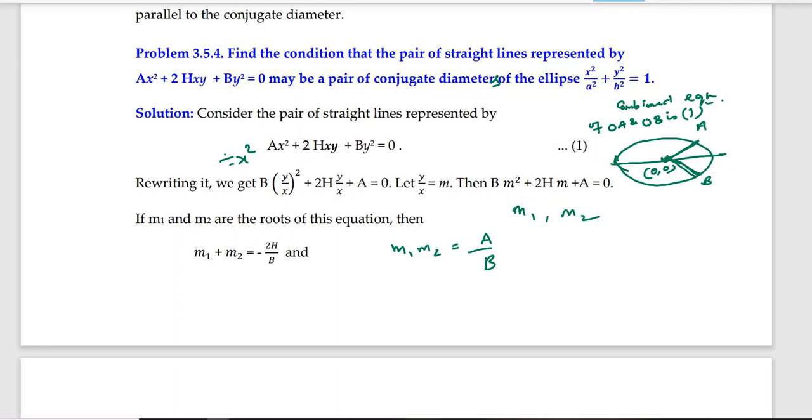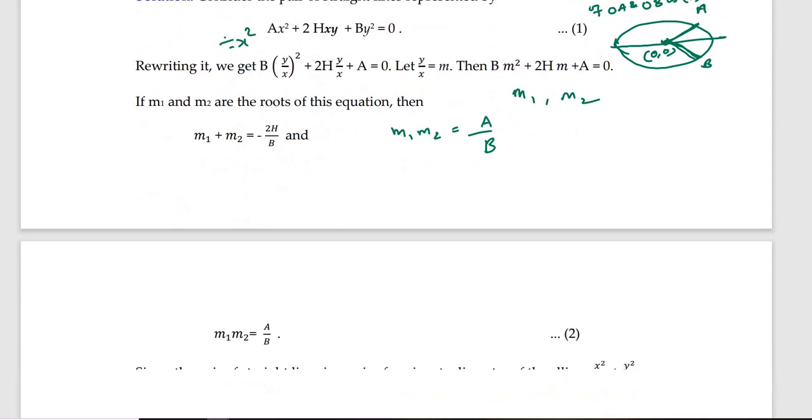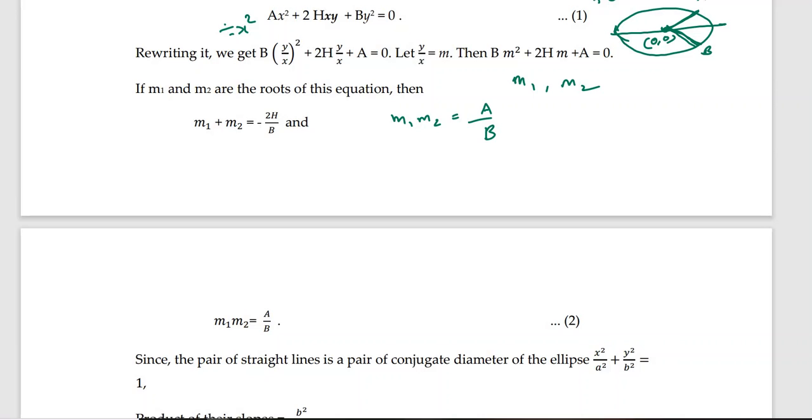So in order to have this OA and OB to be conjugate diameters, actually when we extend it, this is what we get. Just extend, so you have this. So these are the two conjugate diameters.